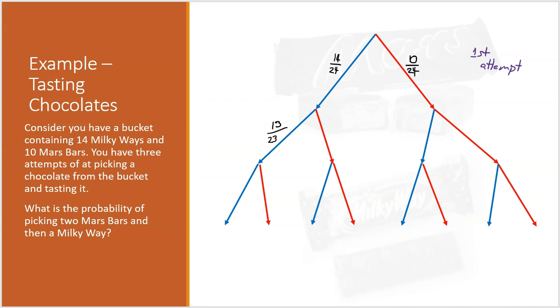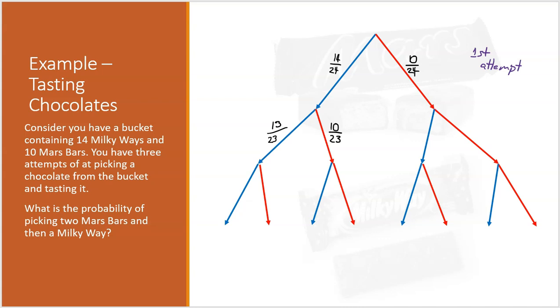Conversely, if we picked a Mars bar after the Milky Way, the chance of picking that Mars bar becomes 10 in 23, because we're one chocolate down.